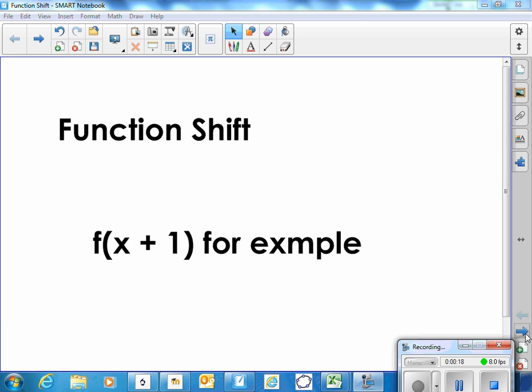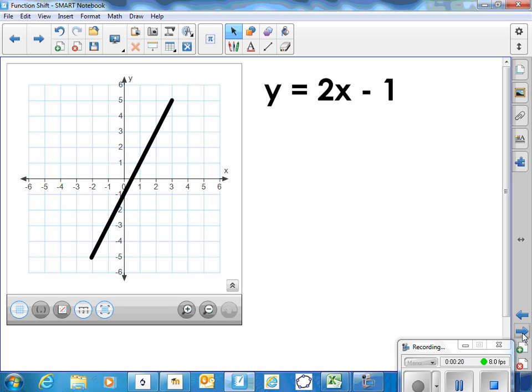Let's take an example. If we had y equals 2x minus 1, if we put in an x of 1, then y is also 1.